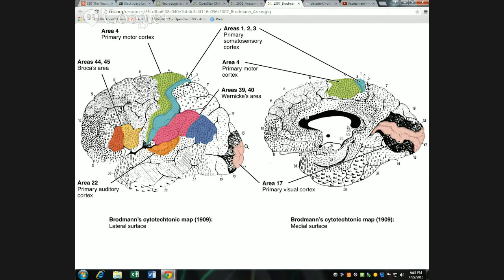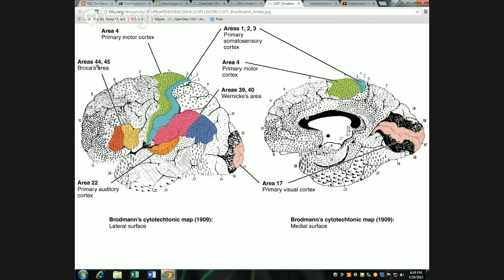The video didn't go on to say this, but I did afterwards, that for 90 to 95% of the population, that's true. There are some exceptions, but generally speaking, when we're looking at the left side of the brain, which is what this picture is, we see some areas that are specific to language function.